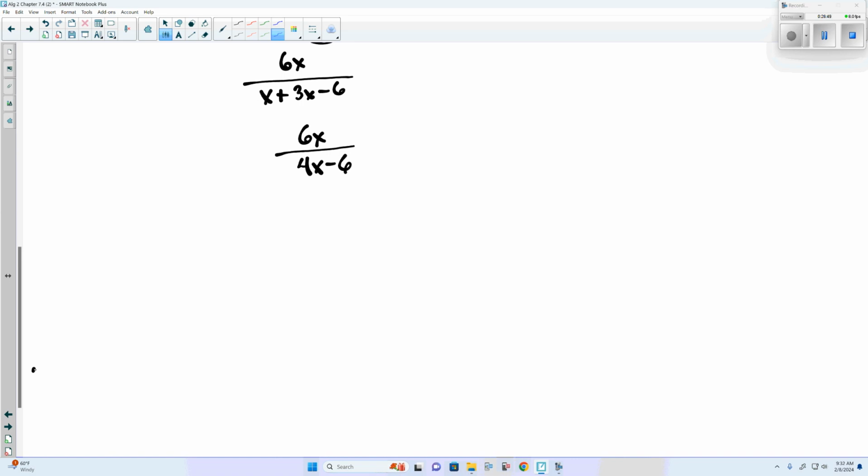All the ones that we did with addition, subtraction, we didn't have to factor the denominator. Now, 4x and 6 has a greatest common factor of 2. We can factor it out. We haven't had to do that on the previous ones because we just factored the denominator and it stayed the same all the way through till the end.